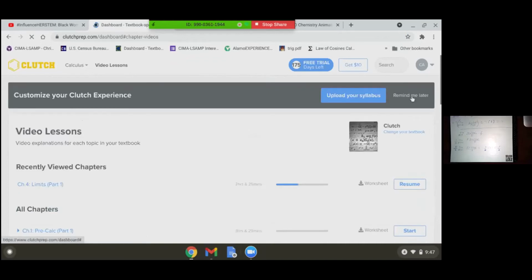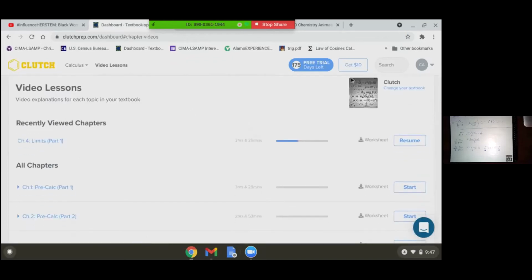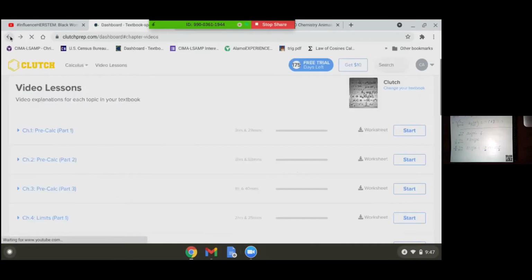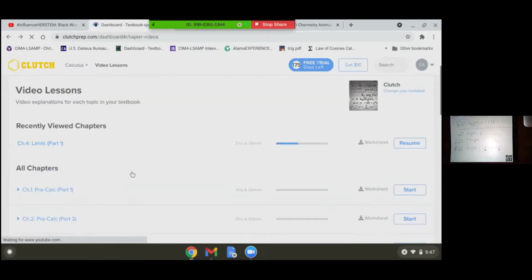I couldn't download the syllabus. I don't know if any of you guys want to try it out for any of your other classes. You like it so far? Yeah, I've been using it for the past couple semesters, mainly for my science courses. Then I realized they had calculus and I think pre-cal on here, so I use it for that. It's more step by step.